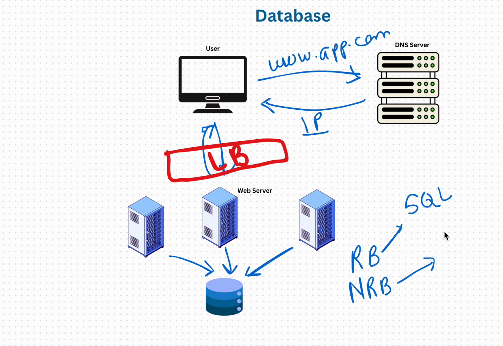But a non-relational database does not have any relation, and its examples are Amazon DynamoDB and Aerospike. These are examples of non-relational databases. Imagine user information, which can be different kinds of information, and we just want to dump that huge data in the database.